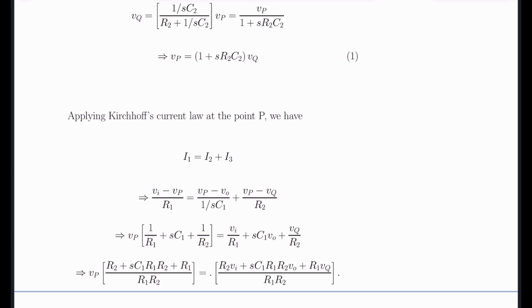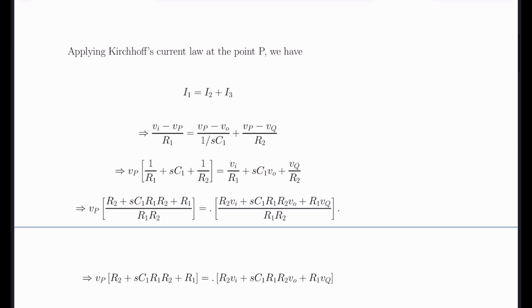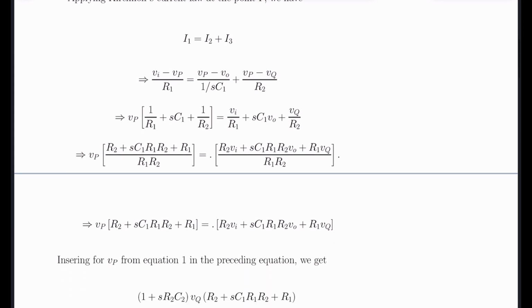I3 is the current that flows through R2, so this is Vp minus Vq upon R2. You simply simplify this equation and get this result. Even though this is a lengthy process, I have done it for your convenience.